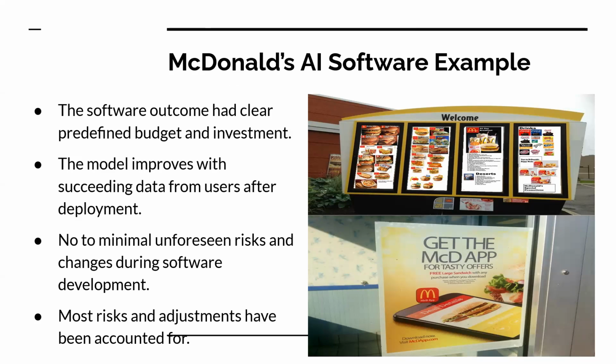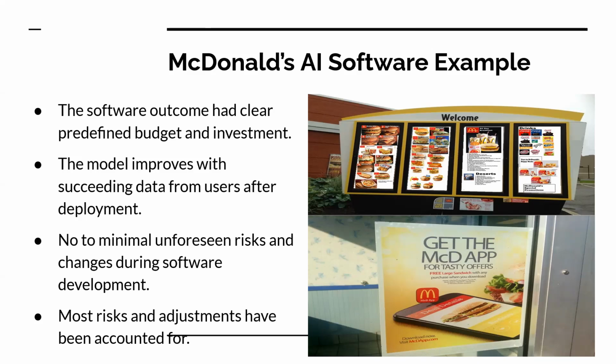So we're going to use the McDonald's AI software example to illustrate that. The software outcome had clearly pre-identified budgets and investments, and also most of the risks and adjustments were accounted for before the project.